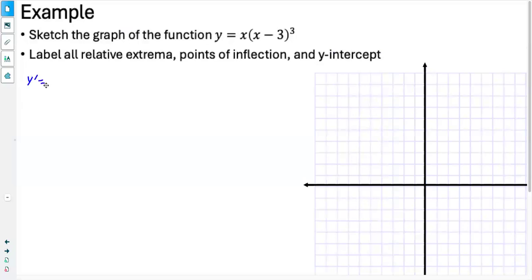So y prime is equal to, we've got our product rule here, the derivative of the first term, which is 1, times our second term, x minus 3 cubed, plus our first term times the derivative of the second, so times 3 times x minus 3 squared.